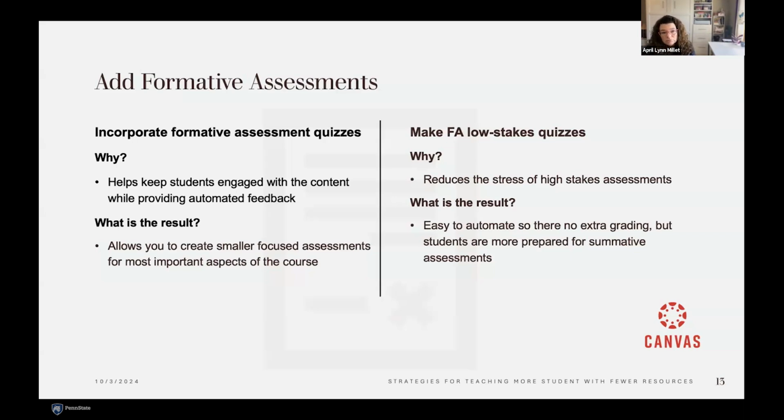So that's a good way to identify those things, when you're meeting with a faculty member early on. There are all different ways you can do formative assessment. I just picked the low stakes quizzes because they're automatically graded and they're quick, and you can do a lot of them very quickly. So that's why that's in there.